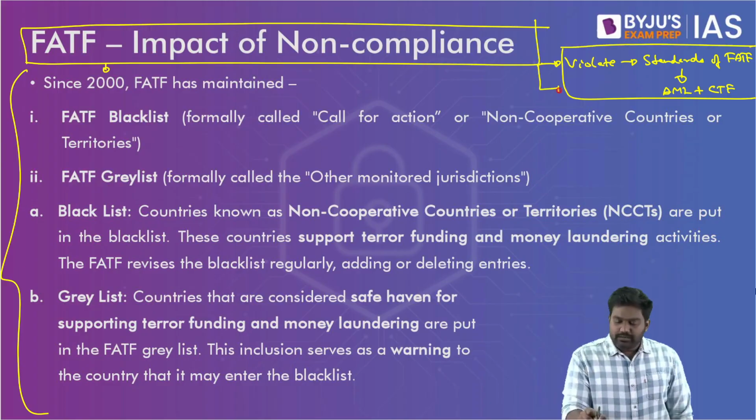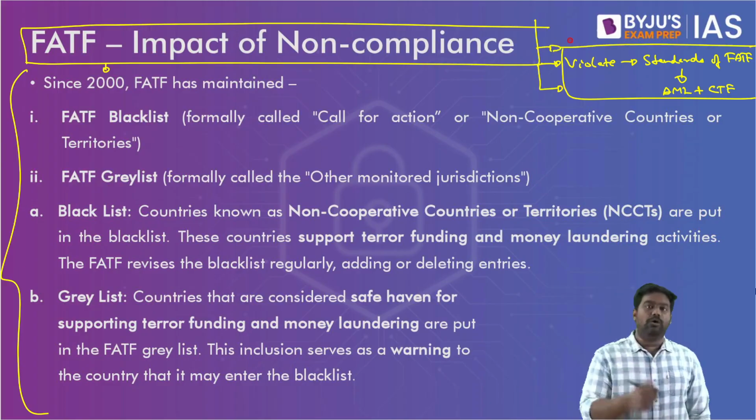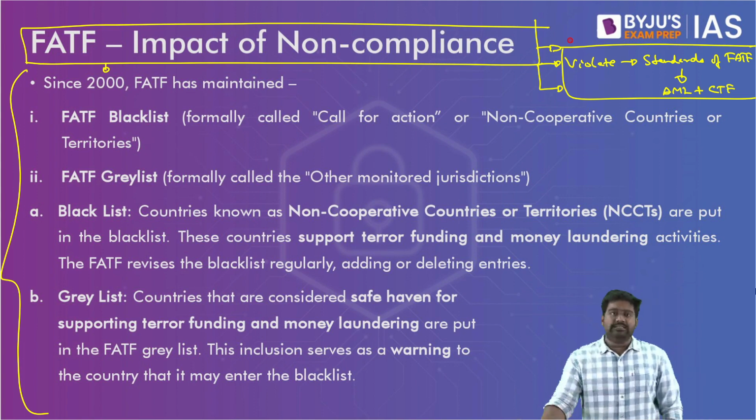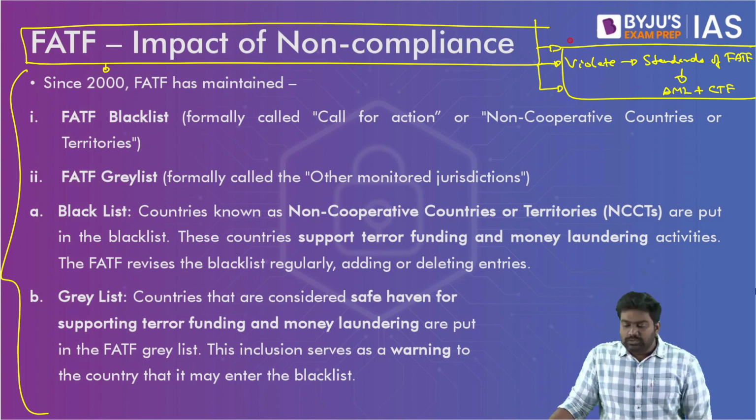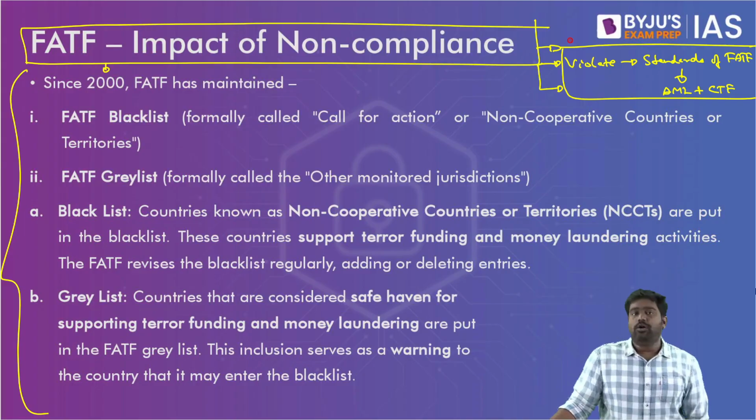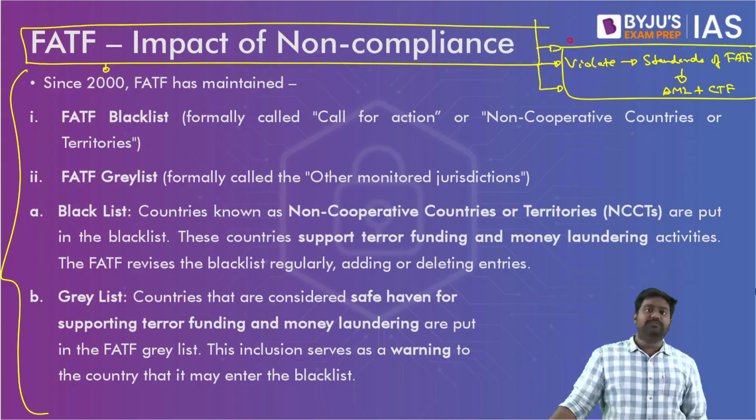Maybe a country may not even pass a law. They will not declare money laundering as a crime. They will not include the actual standards prescribed. They will not maintain the right records. They will not track suspicious activity and report them. So all these are violations of FATF standards.